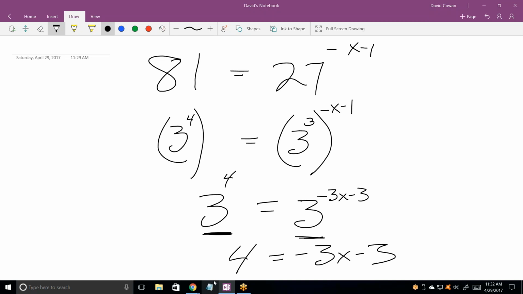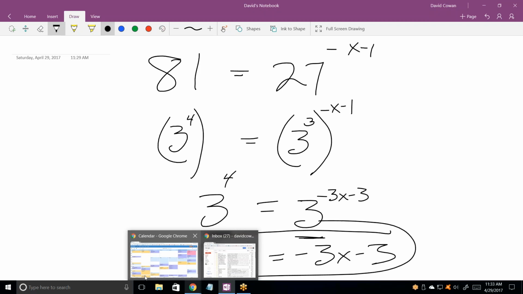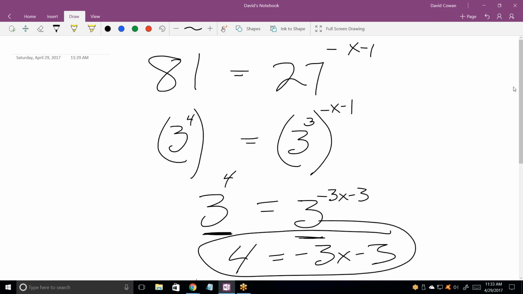If I have 3 to one power equals 3 to a different power, then those powers got to be the same. And then I just got to solve that. And I'm trusting you can solve that easily. Yeah, it's negative 7 over 3. 7/3, yes. Okay, so this problem I was able to do without logs.